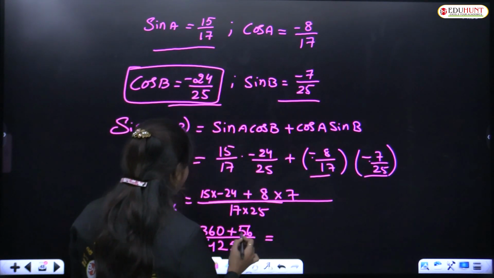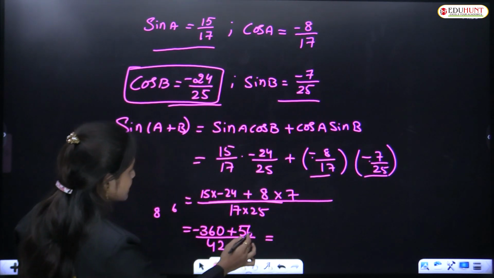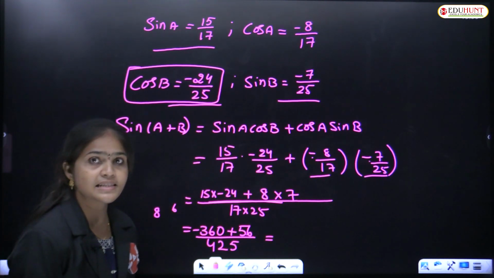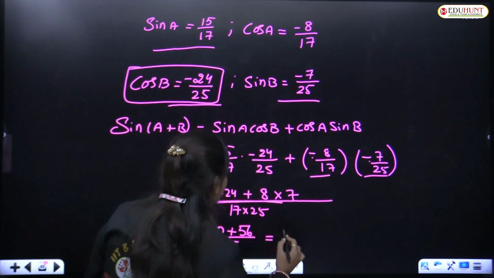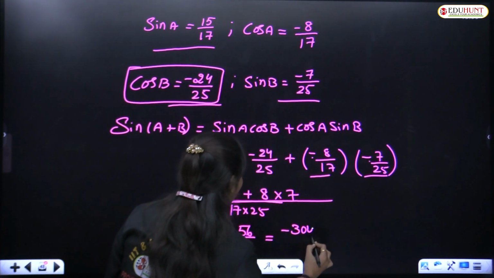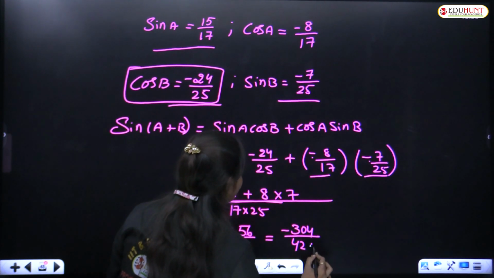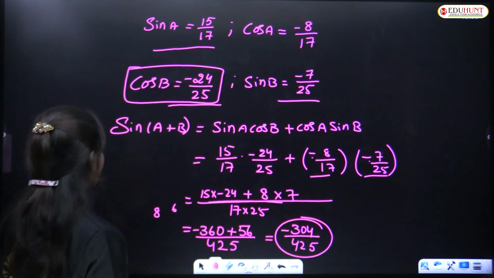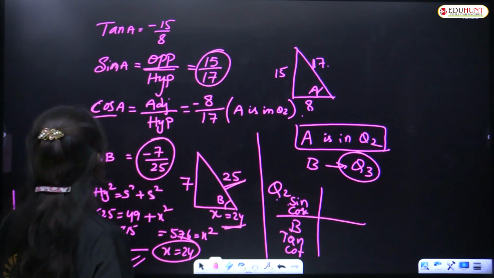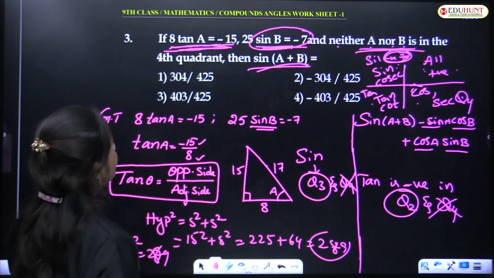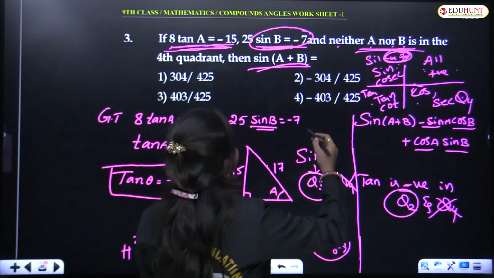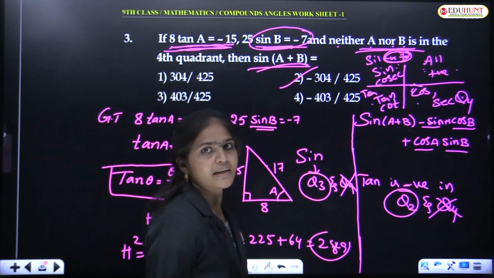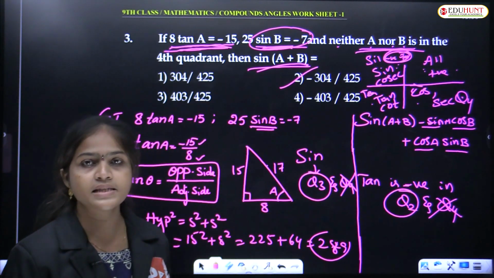So minus 360 plus 56, which is minus 304 by 425. So which option is correct here? Yes, option 2 is correct.